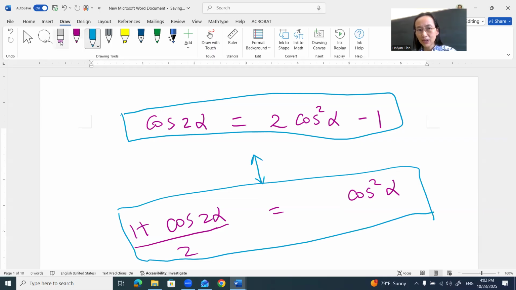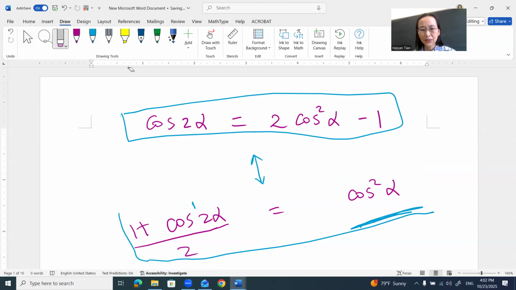And that means whenever you have a square of alpha, if you use this formula, you see cosine square alpha, we can reduce the power to first power. You see, this is the second power, right? But this is only first power. So it's called the power reducing formula. That is, as long as we apply this formula, the cosine square alpha can be reduced. Yeah, the power can be reduced.